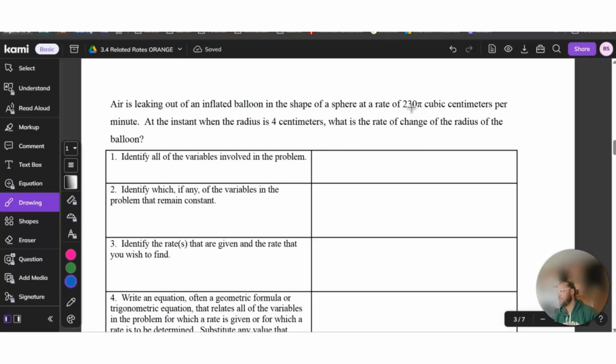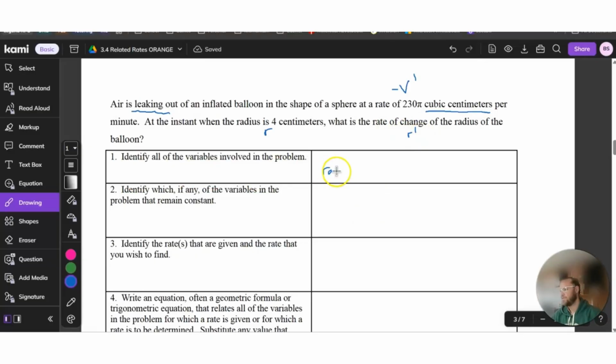Is the volume changing or the radius changing at that speed? Radius. Not the radius, why? It's volume because cubic centimeters, that's kind of your hint. Now the other thing is, if the air is leaking out, is that going to be positive or negative? Negative. And the radius is 4. What is the rate of change? So find r prime.